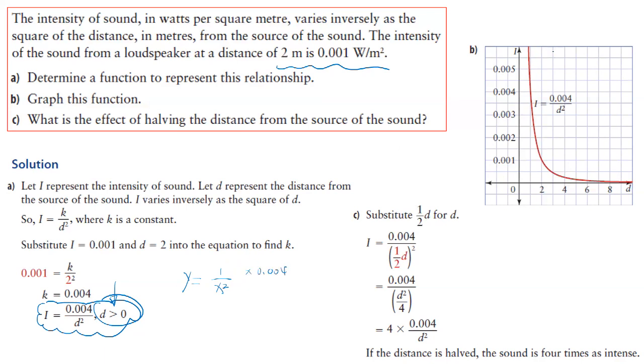So this function will have a shape like this. The vertical asymptote is the y-axis, which is x equals 0. Because d is greater than 0, there's no need to graph the other branch.